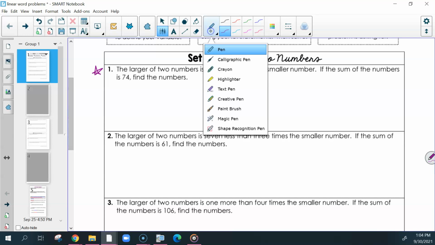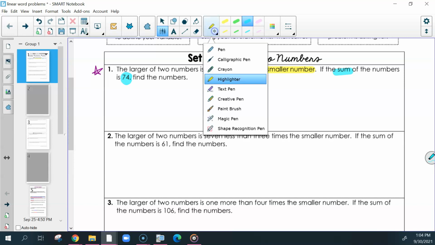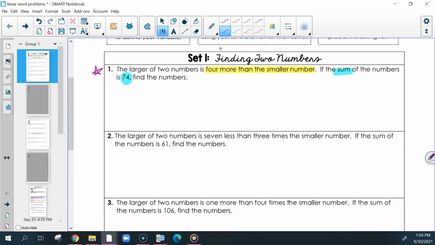So I'm going to go through and highlight anything I found that was important first. 4 more than the smaller number. Sum. And then, of course, 74. Right? 4 more than.